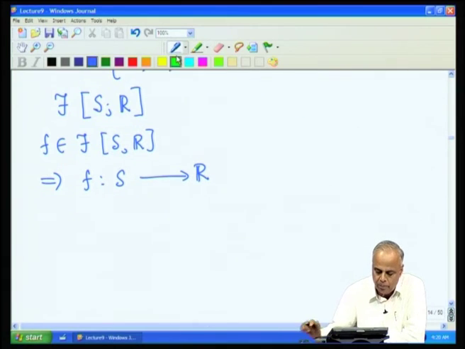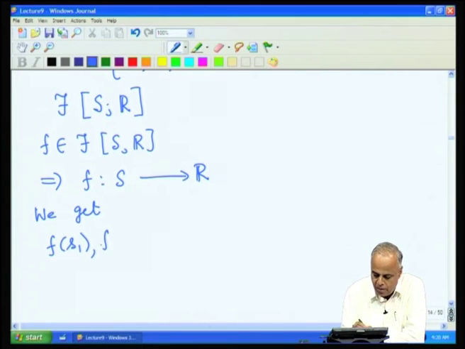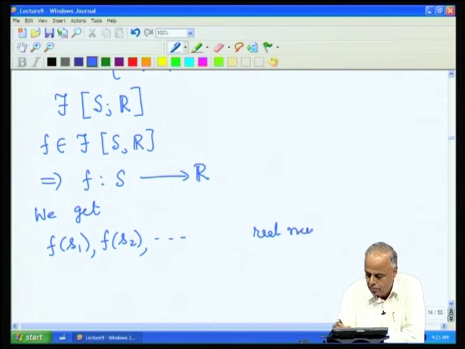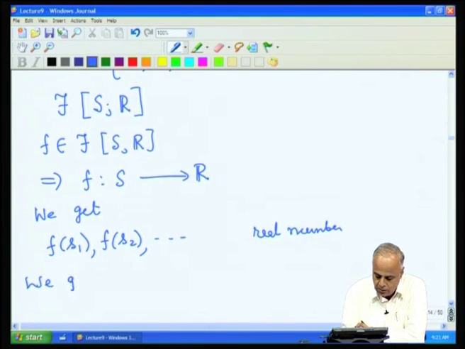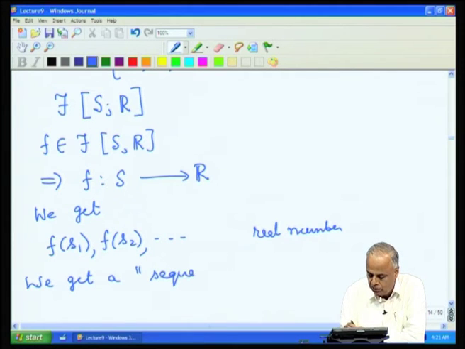Therefore we get F(s1), F(s2), etc., real numbers. Thus we get an infinite sequence of real numbers.